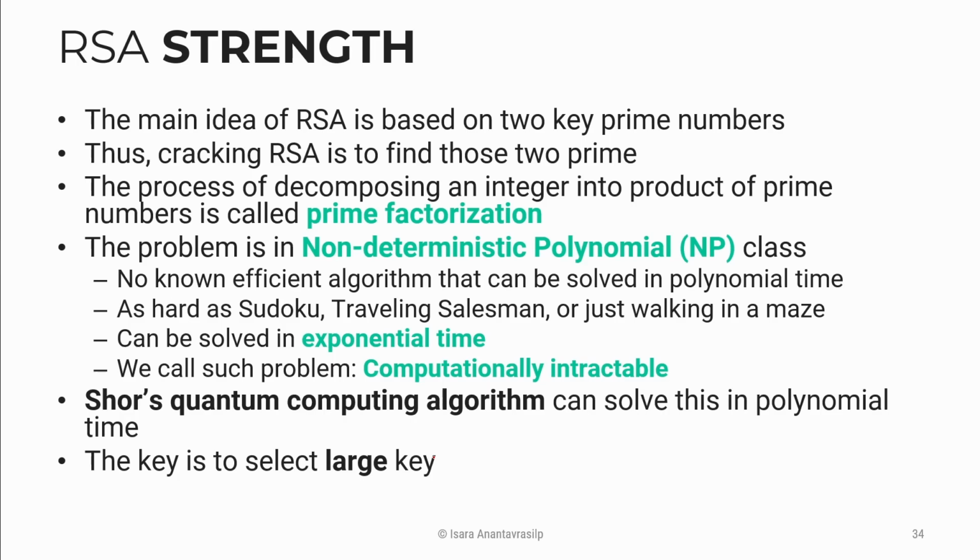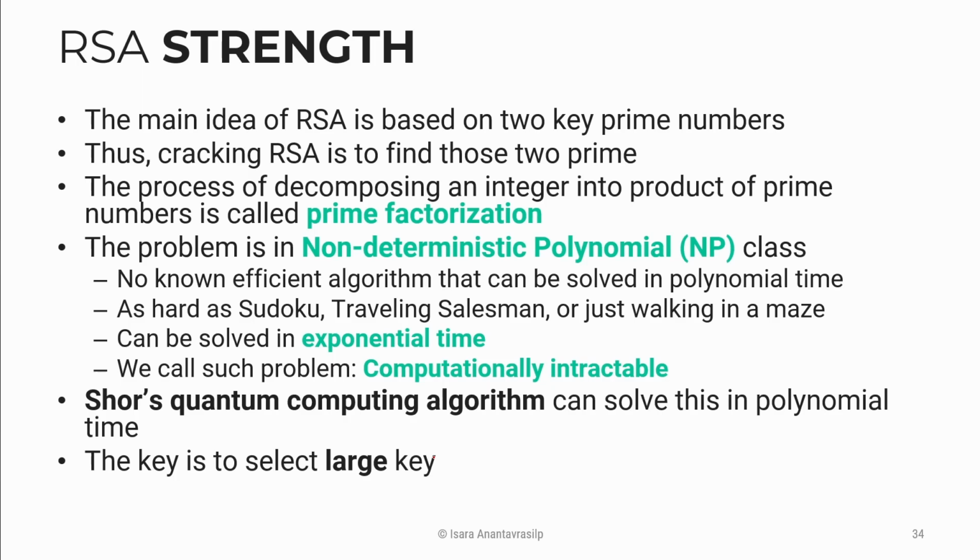The process of decomposing an integer into the product of primes is called prime factorization, and the problem is in the NP class, or non-deterministic polynomial class. There is no known efficient algorithm to solve that in polynomial time. Therefore, it is super difficult to solve. It is as hard as Sudoku, the traveling salesman, or just walking in a maze.